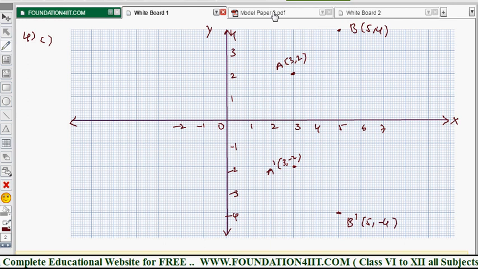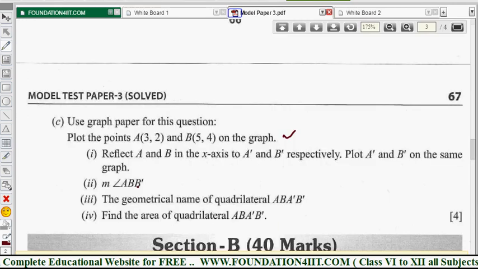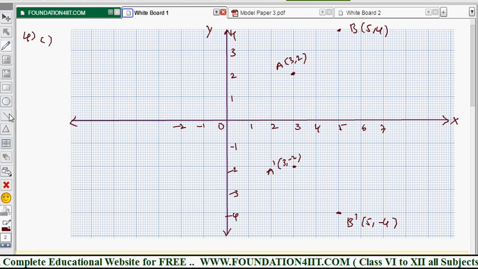These both are reflections. Next, angle ABB dash. Now let us join this diagram. We join A to B, B to B dash, and B dash to A dash, and A dash to A to complete the figure.